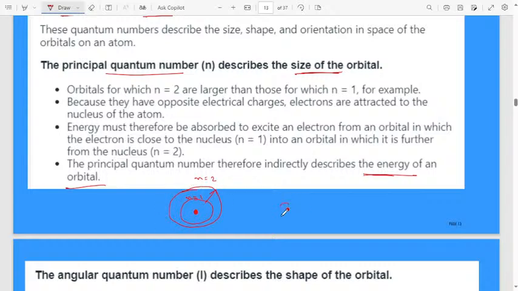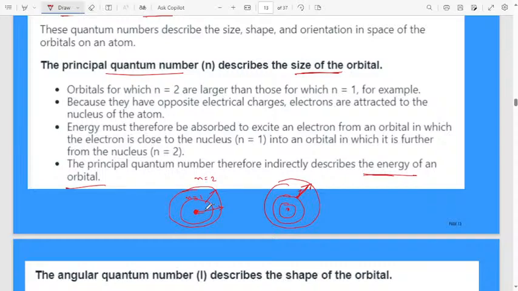Next, one more I will write: this is the first energy level, this is the second energy level, this is the third energy level. If the electron jumps from the second energy level to the third energy level, the size of the atom will still increase. Size of the atom is nothing but the distance between the nucleus and the outer shell, the outer orbit; we consider that as the size of an orbit.